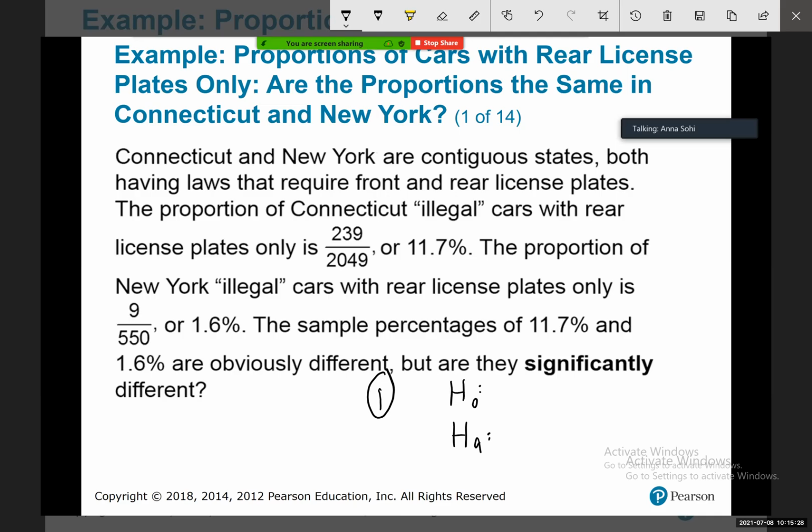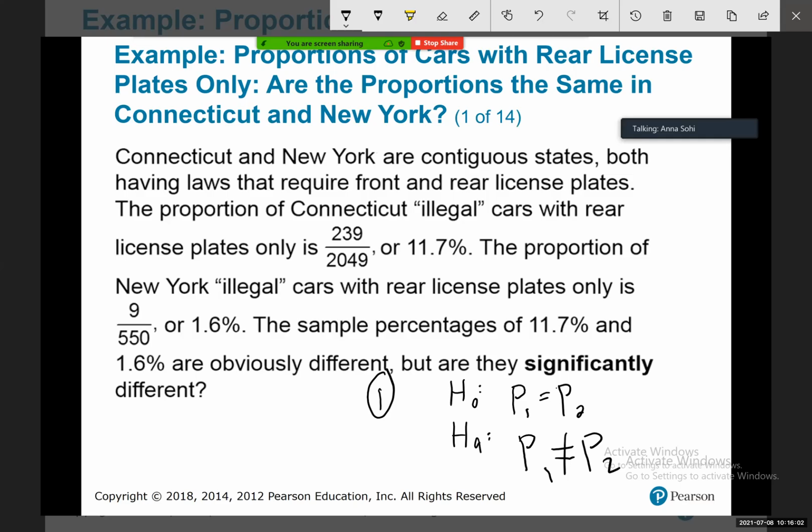The null hypothesis is saying that their proportions are equal to each other. So always, null is equality. And then the alternative, in this case, what is the alternative? Greater, less, or not equal to? Since it says different, it doesn't say more, it doesn't say less. So you use not equal to.